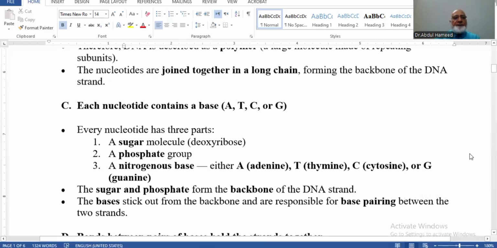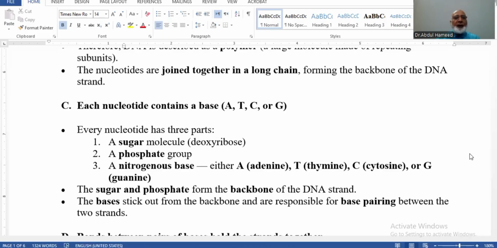Then comes the subtopic: each nucleotide contains a base A, T, C, or G. As we talk about DNA, there should be T. When we talk about RNA, T is replaced by uracil, which is not part of our syllabus in O-level.